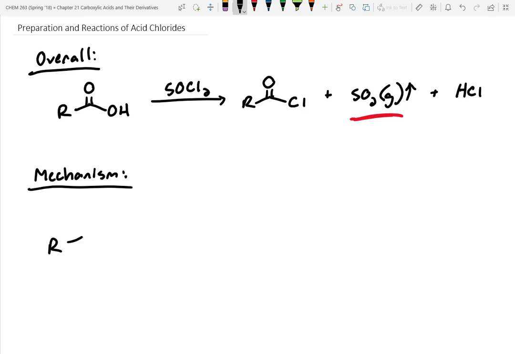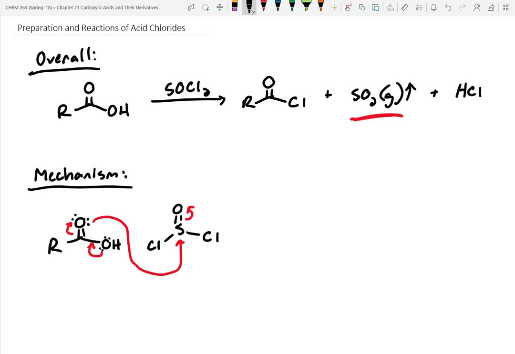This one's a little bit odd. So thionyl chloride looks like this. In the first reaction, it's typically shown like this, where the upper oxygen actually attacks the sulfur and kicks electrons over like that. Does that make sense? So you've got 2 electrons on this oxygen, 2 electrons on this one.